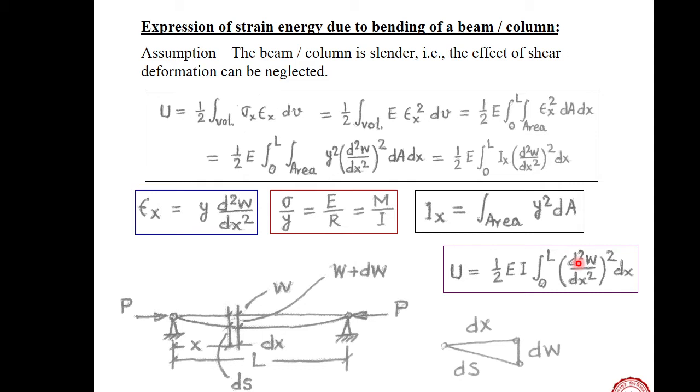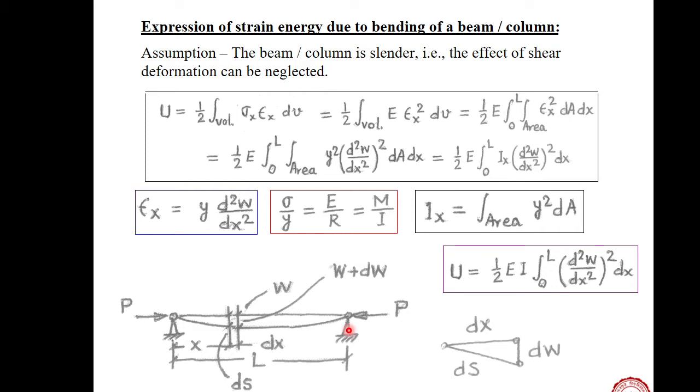Now we have to consider, in addition to the strain energy, the potential energy also. Where will the potential energy come from? Work done due to the applied forces P. That will create some potential, or work done by the force P will be stored as a potential.